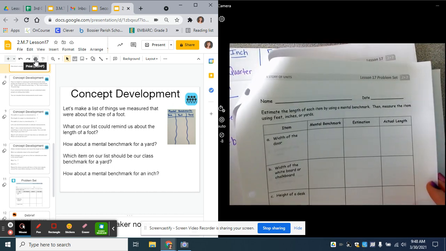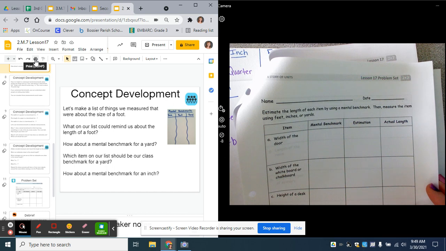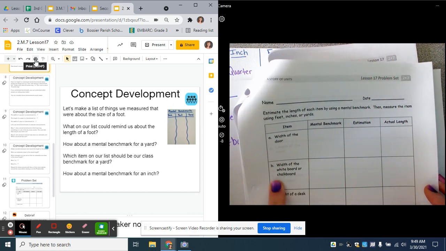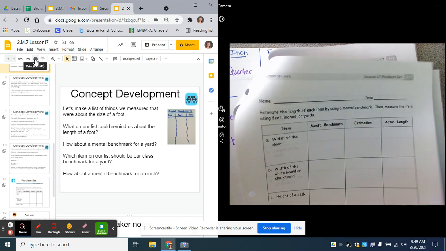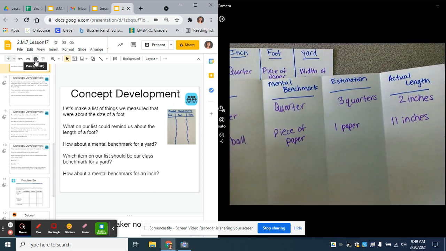I want you to use these mental benchmarks, the quarter, the piece of paper, the width of a door, and estimate the length or the measurement of that item, and then actually measure it and see how close you really are. So we have a width of a door, width of a whiteboard, etc., etc. That's on your problem set.